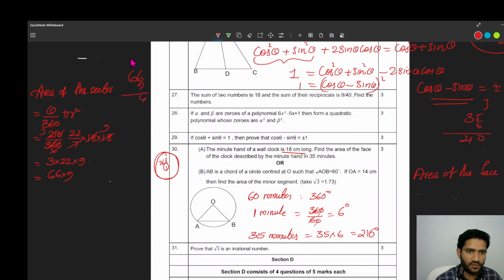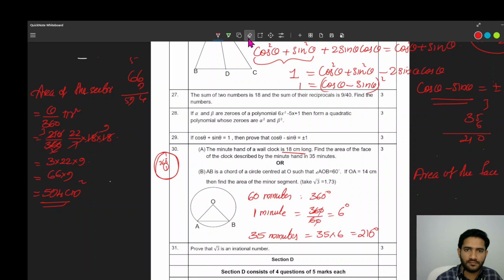That is 594 centimeters square, or square centimeter.